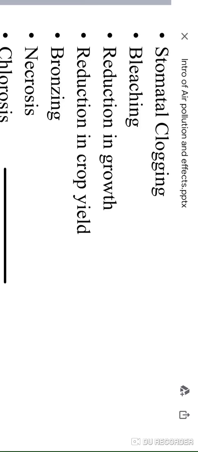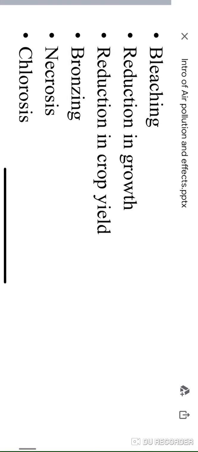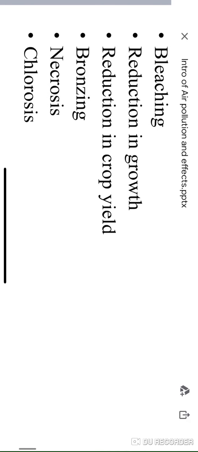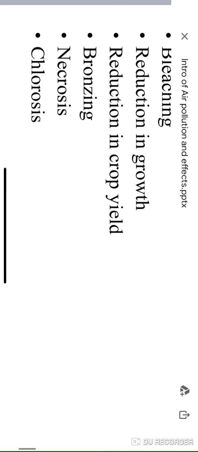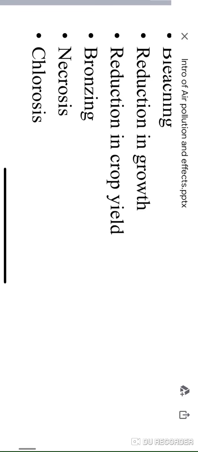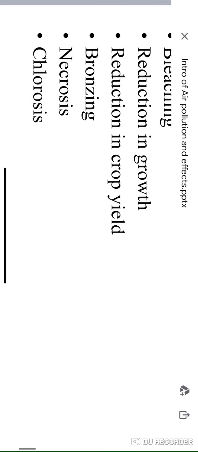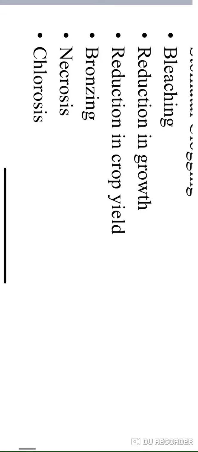Chlorosis is also an effect of the deposition of pollutants on the surface of the plant's leaves. So how does chlorosis occur? We know photosynthetic activity: the plants absorb carbon dioxide and release oxygen, and in the presence of sunlight they prepare their own food, and for that purpose they need chlorophyll content in their body.